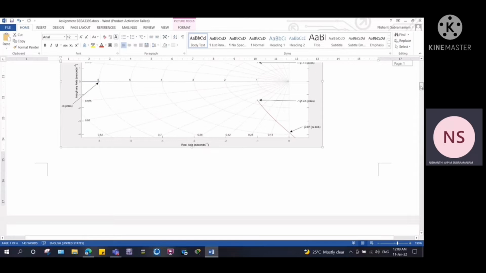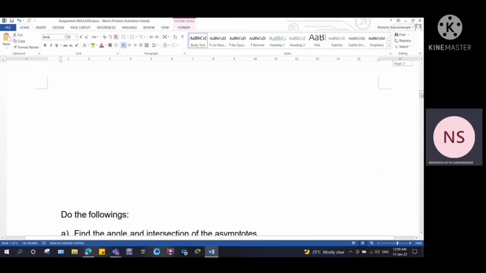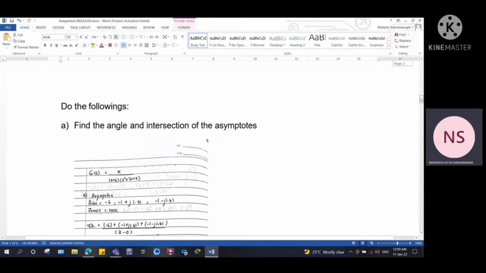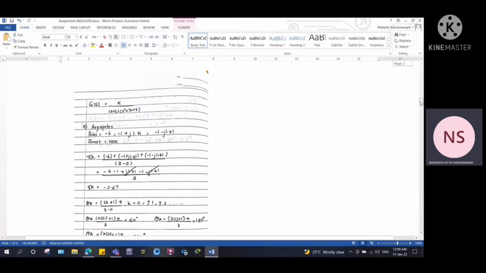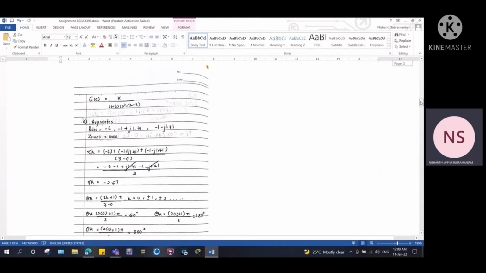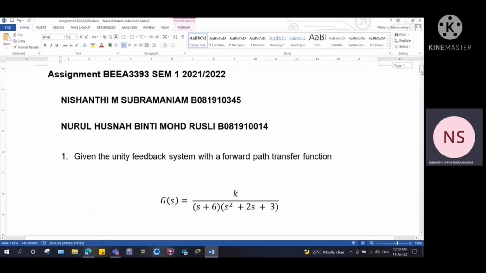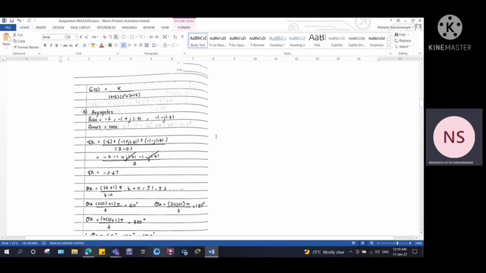So let's go to question 1 part A. Part A asks to find the angle and intersection of the asymptote. First in my calculation, I write back the transfer function given by the question, and I find the poles and zeros. This is the value for the poles, and for zeros we have none.